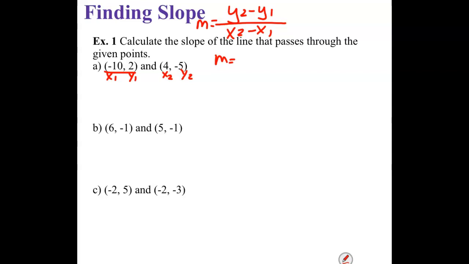Okay, so if we do negative 5 minus 2, then what do we have to put for our denominator? What's the order going to be? All right. So negative 5 minus 2 gives us what?